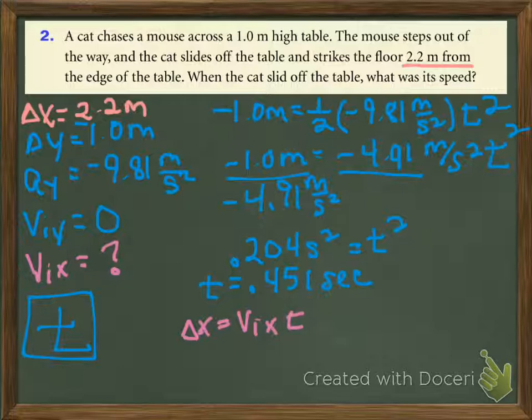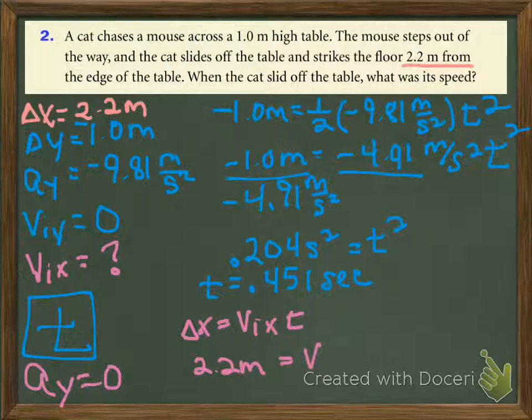Now I can go ahead in the x direction, and we know that delta x is equal to VIX times time. The rest of the problem is 0 because acceleration is 0. So we have 2.2 meters equals VIX times 0.45 seconds.